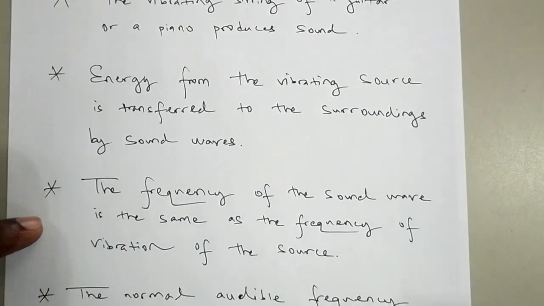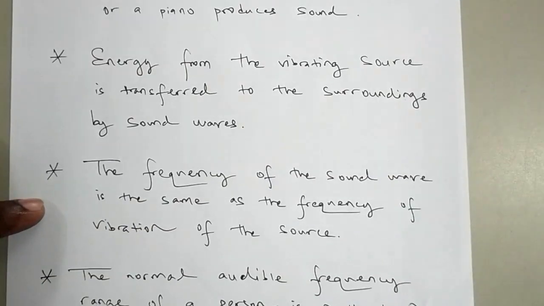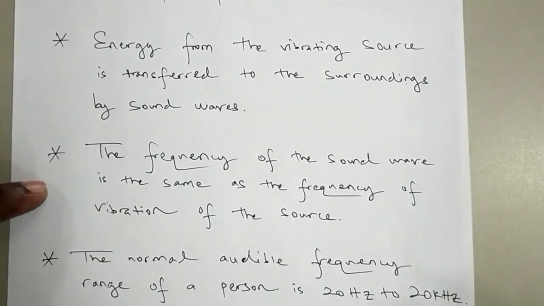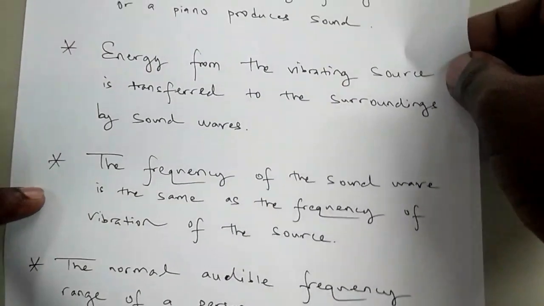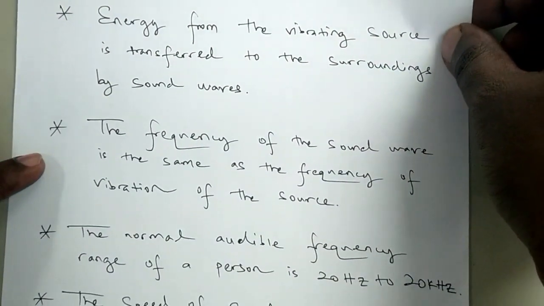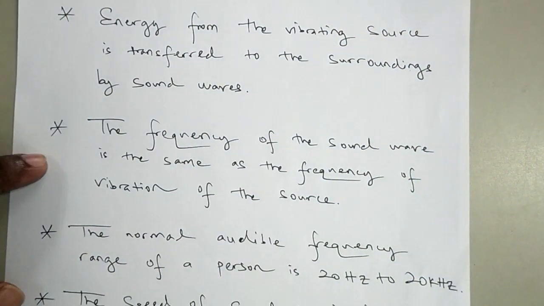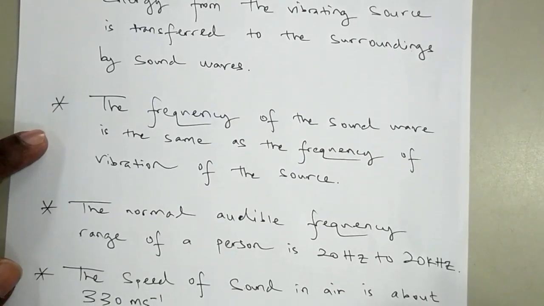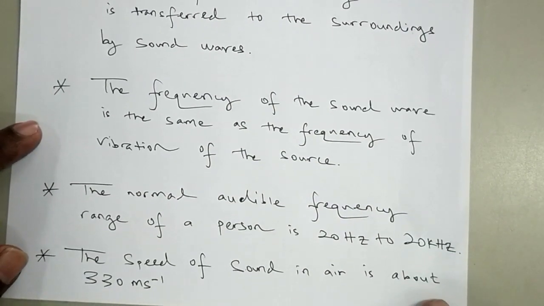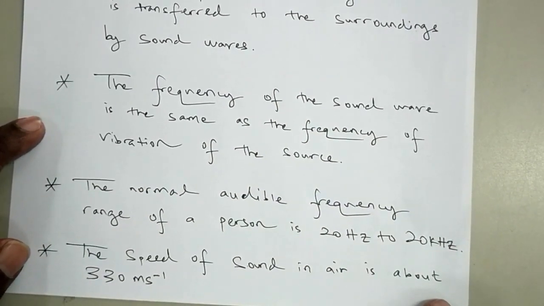The normal audible frequency range of a person is about 20 Hz to 20 kHz, and the speed of sound in air is about 330 meters per second.